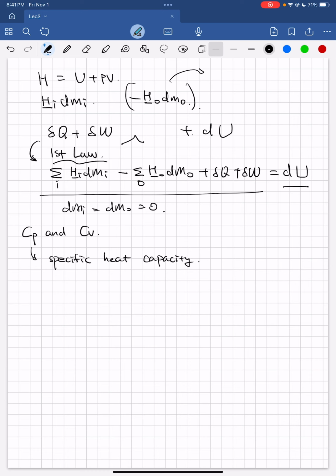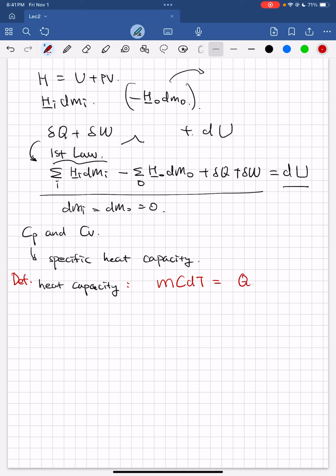We'll derive this, okay? So the heat capacity definition is this. m c dT equals q.